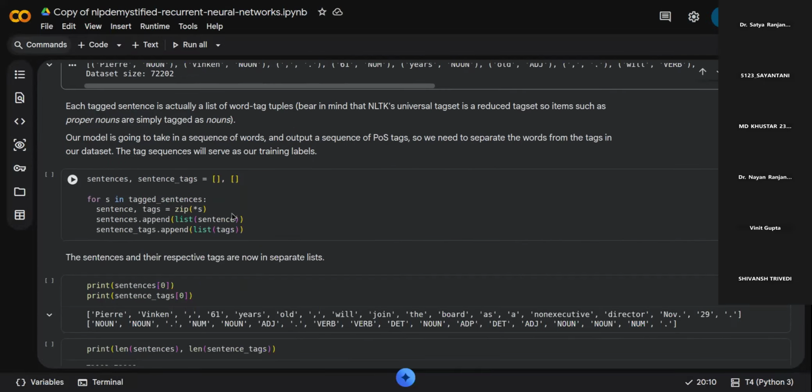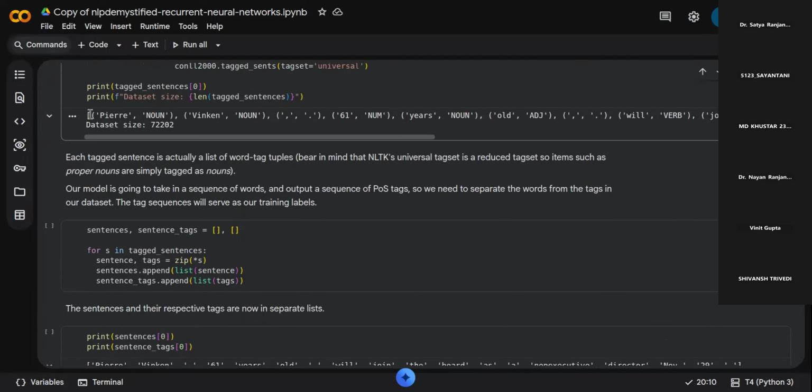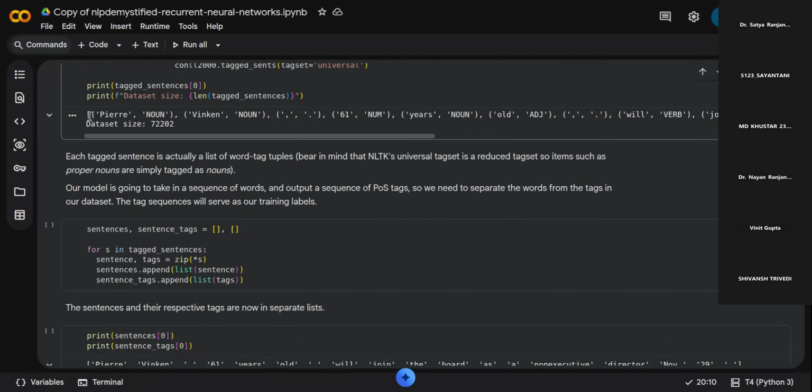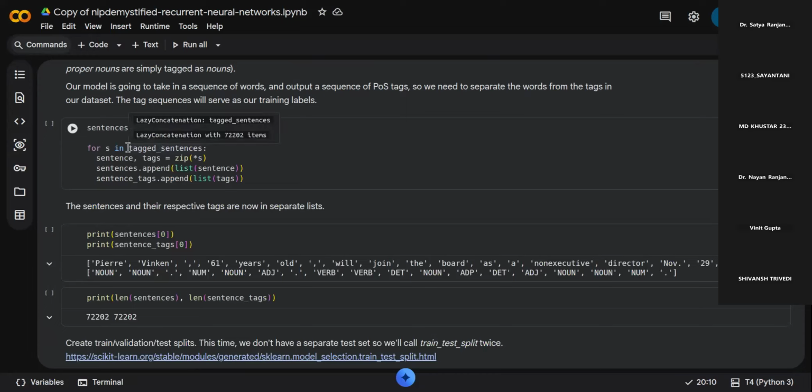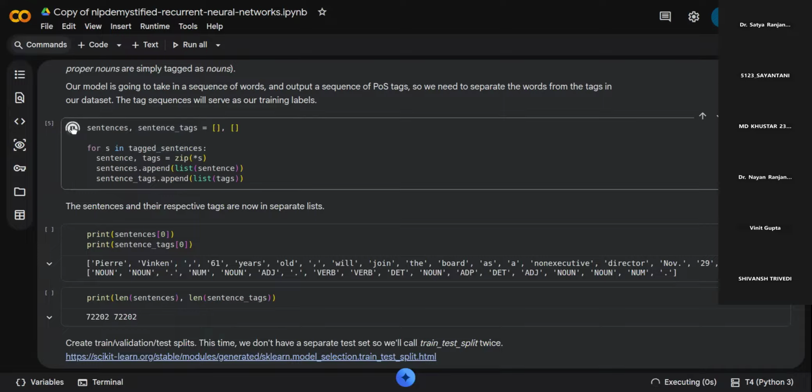So first thing first, we have to segregate, because we need to create one list containing the sentences and another list containing the parts of speech. For that, we have created two empty lists, one is sentence and one is sequence tag, and just pass through this for loop. It will create two lists.